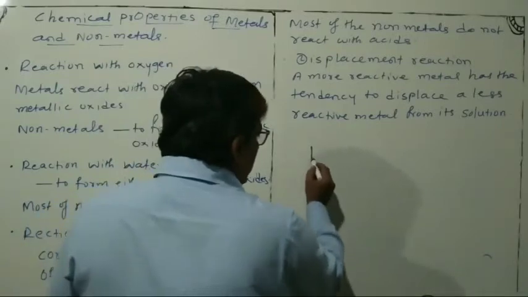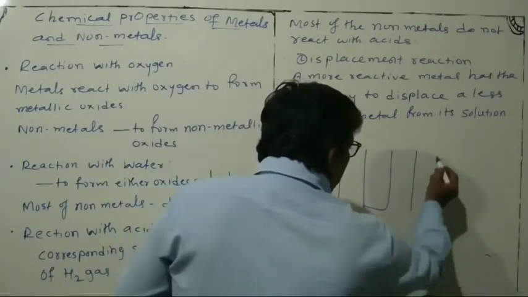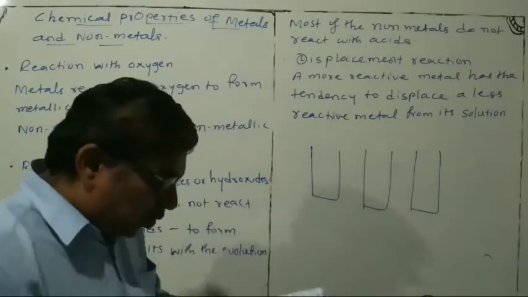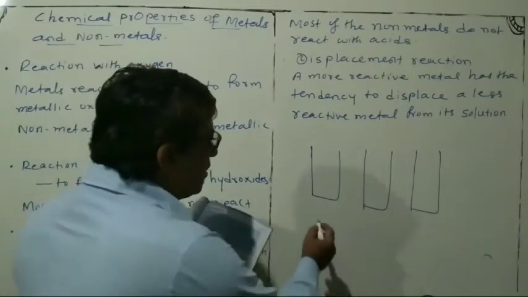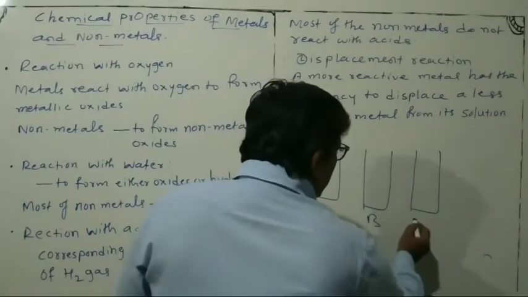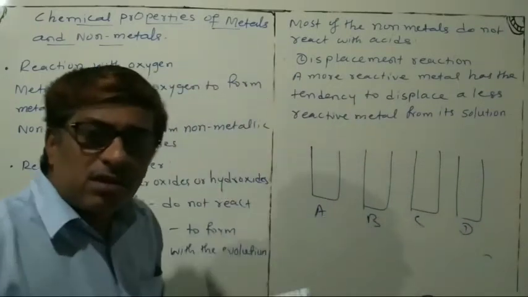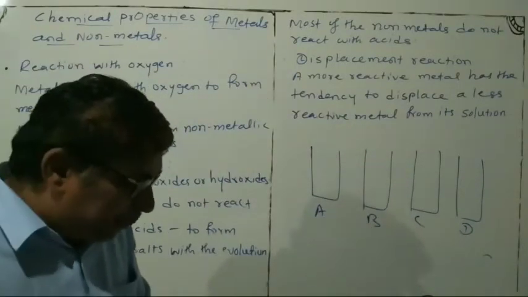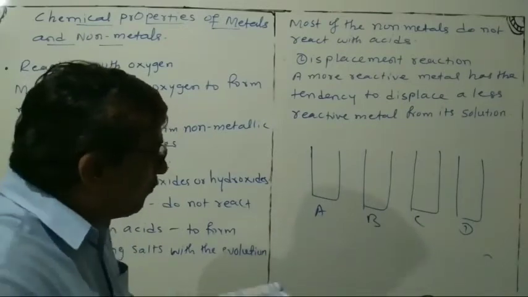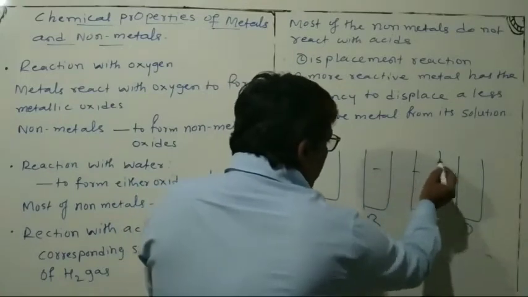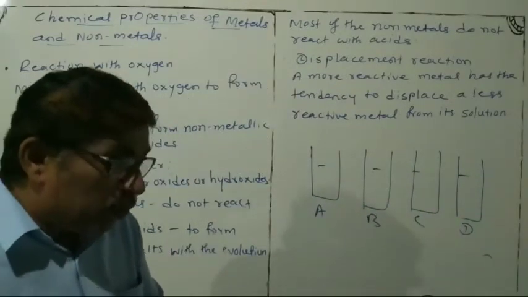Take the test tubes like this, different test tubes: A, B, C, D, and so on. Take the samples of metals as well as non-metals, and add 5 ml of dilute hydrochloric acid.